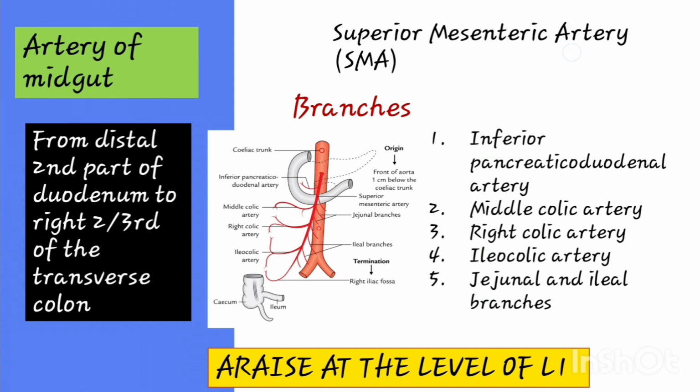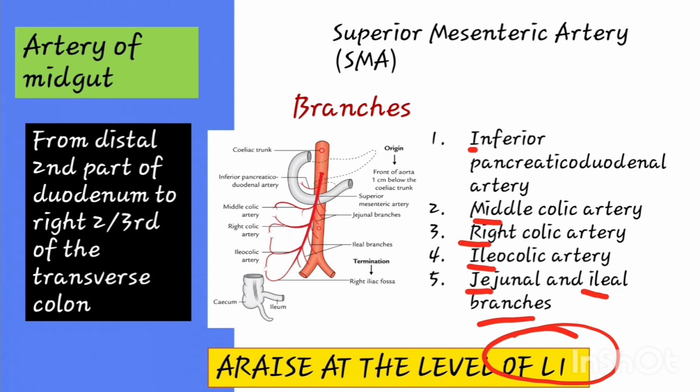I is the inferior pancreaticoduodenal artery, M is the middle colic artery, R is the right colic artery, I is the ileocolic artery, then I for ileal branches, and J for jejunal branches. These are the branches of the superior mesenteric artery, which arises at the level of L1 from the abdominal aorta.